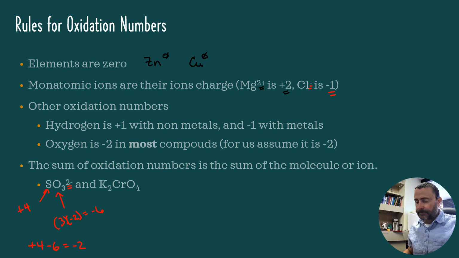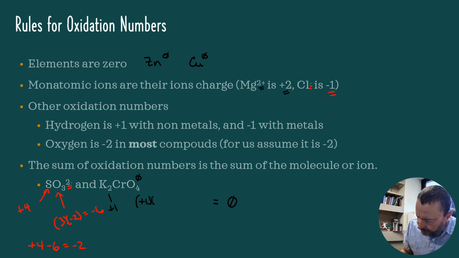So what we can do is infer from the other elements what the species is that we don't know. So for our next one, K2CrO4, the whole thing overall is 0. So overall it has to sum up to be 0. Let's say that our potassium is +1 because it's a group 1 cation, if we remember that from a couple chapters ago.